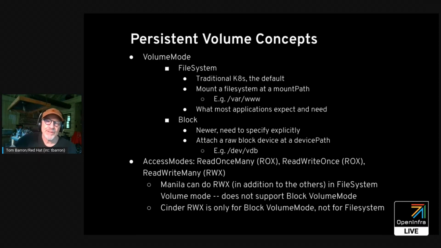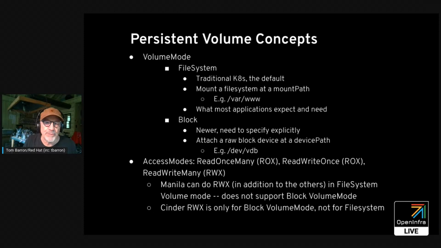What that meant is that normally, even with a block device provider like Cinder, it would automate the job for you: I have a raw block device, I'm going to attach it, format it, build a file system on it, and now I expose this path, /var/www or whatever, to an application.